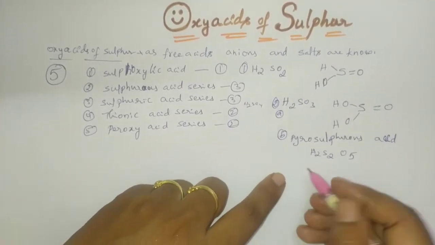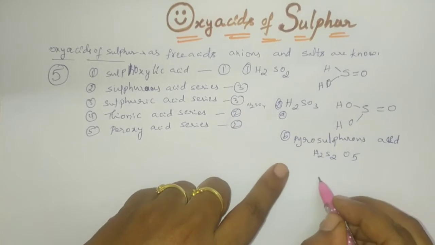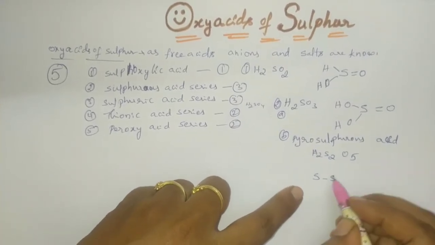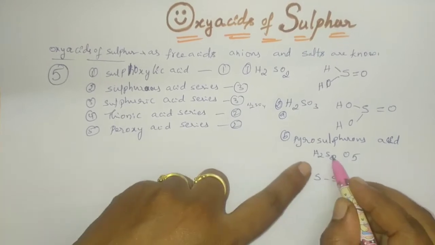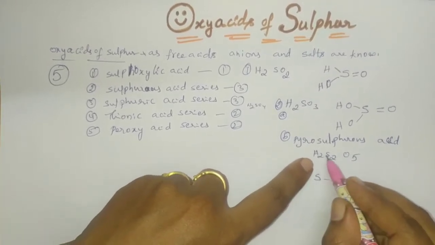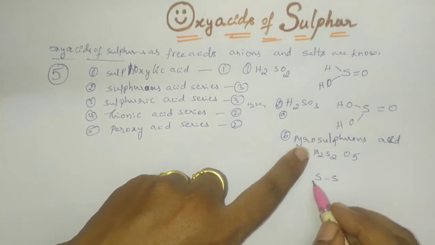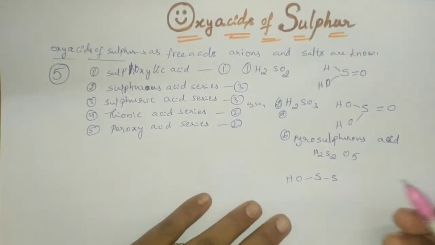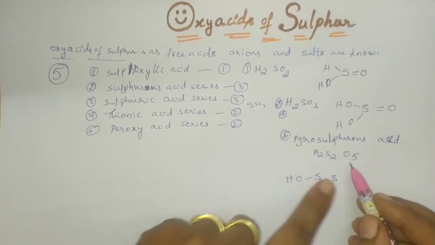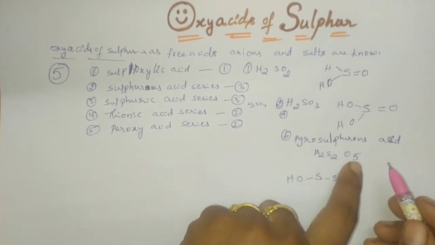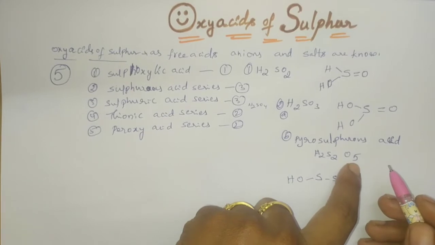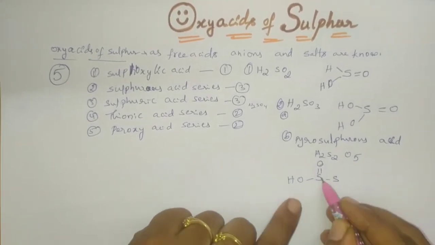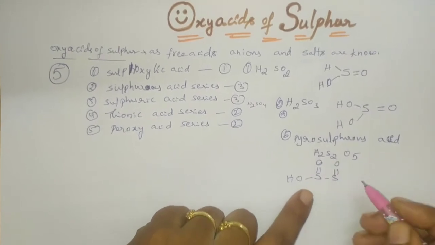So here, how many sulfurs are there? 2 sulfurs and 2 H, that means one side OH and another side also OH, and one O is left here. How many oxygens are remaining? 4. Sulfur forms 4 bonds, so here sulfur is satisfied, and here also sulfur is satisfied.